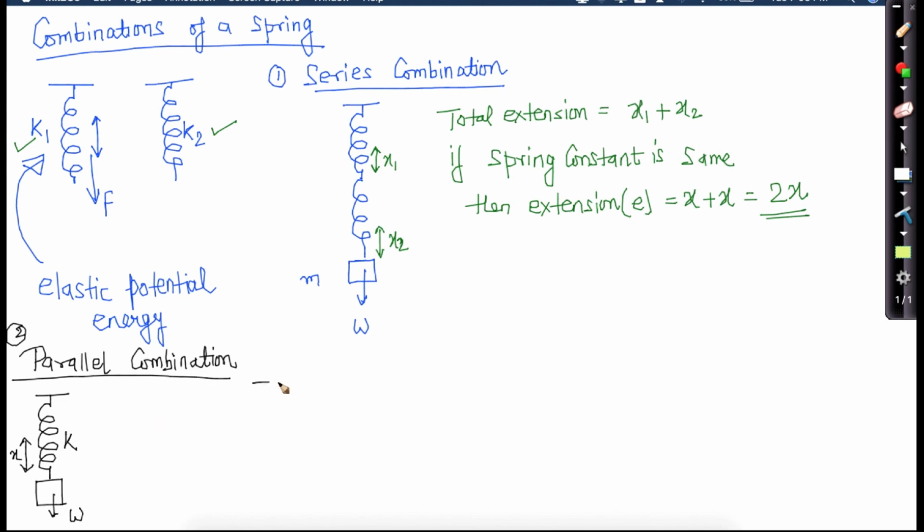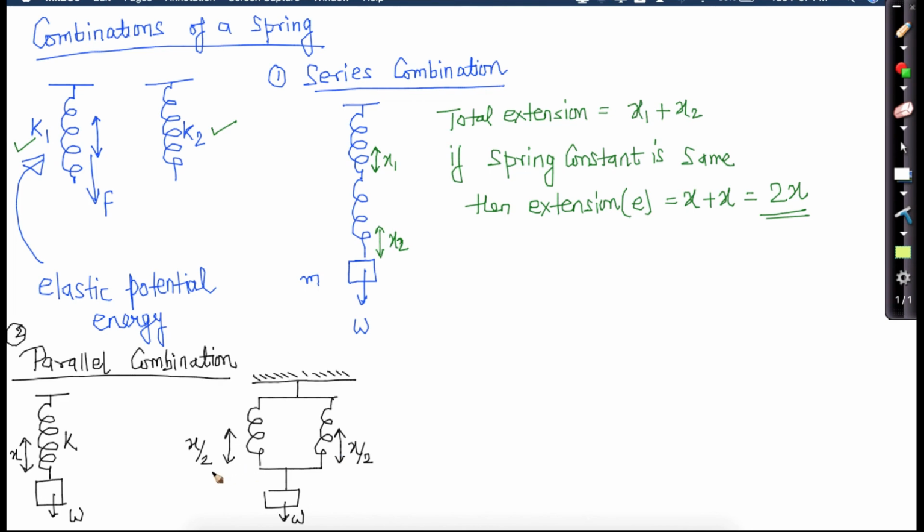Now, if you're connecting a spring from the fixed end, the springs are connected like this and like this. And this is the weight. So this will show an extension of x by 2 and this also shows an extension of x by 2.